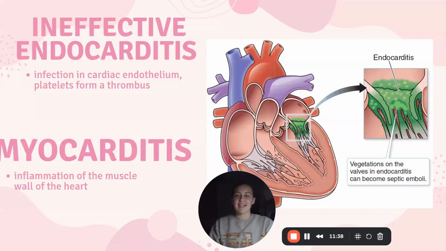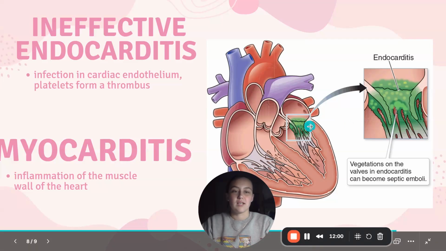Okay, infective endocarditis. This is an interesting one. The book kind of touched on it. There wasn't a whole ton of simplified information on it, so hopefully this helps you to not have the huge words. So there's going to be an infection in the cardiac endothelium.